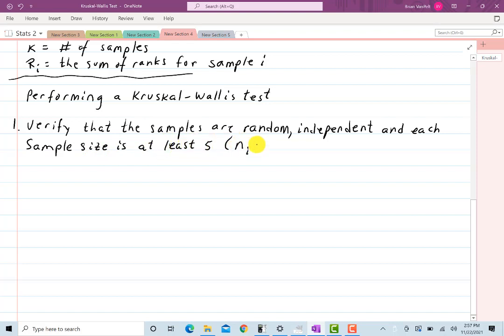So for each n sub I, just make sure that each one of those is greater than or equal to 5.